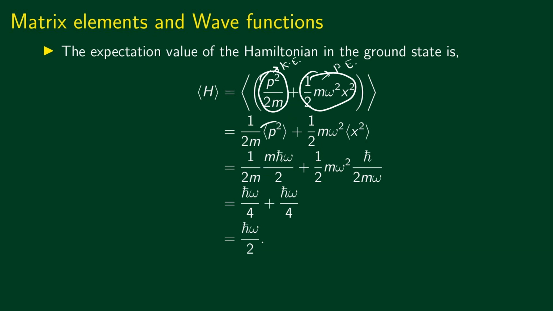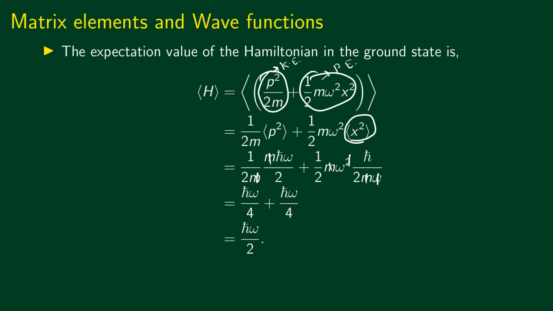We have already calculated the expectation value of p square in the ground state, which was mħω divided by 2. We had also calculated the expectation value of x square in the ground state, which was found to be ħ divided by 2mω. Okay, here we see that the m cancels and the expectation value of the kinetic energy is ħω divided by 4. Here the ω cancels, m also cancels, and the expectation value of the potential energy is also ħω divided by 4.